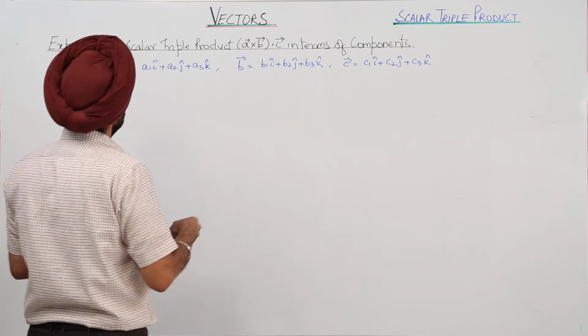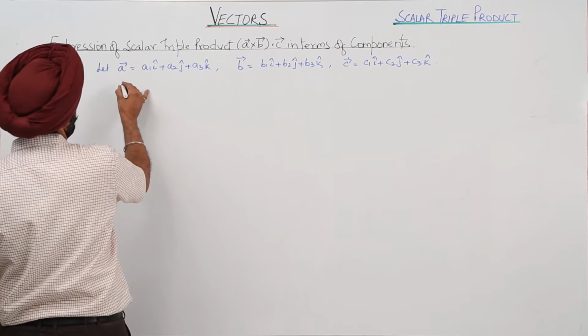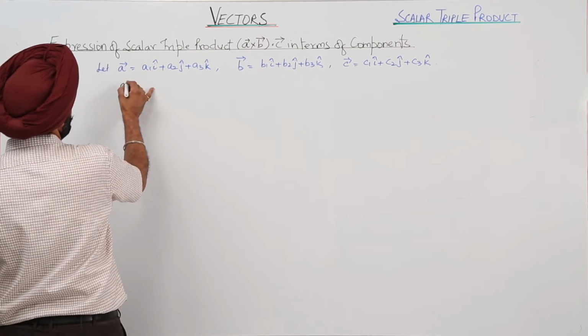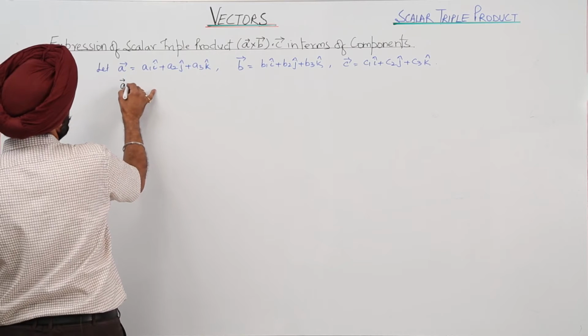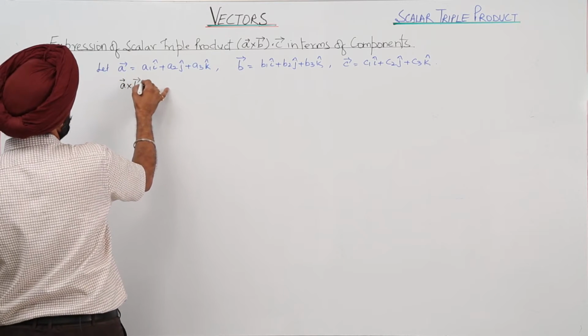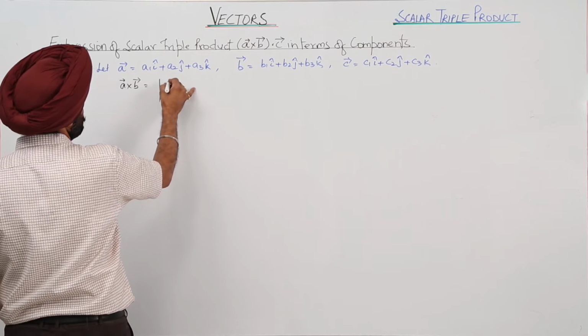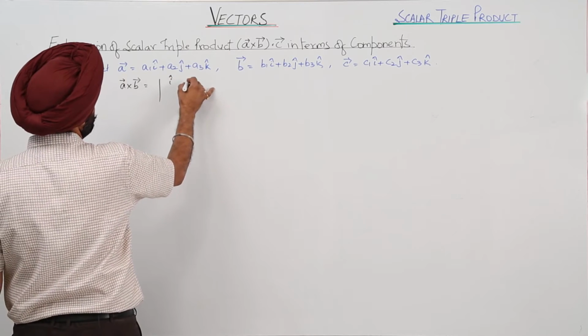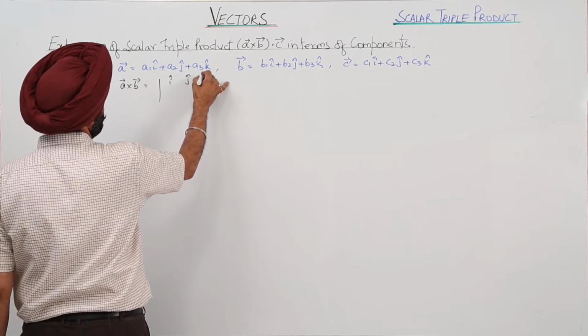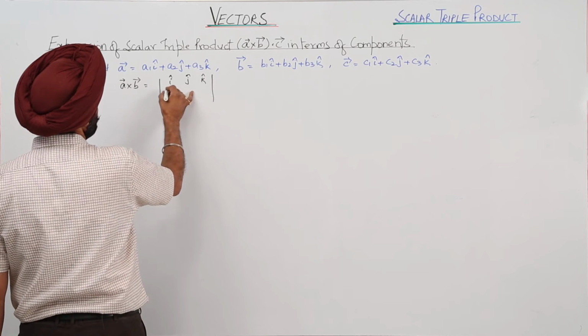Now we are having vector A cross vector B. This is equal to the determinant of i cap, j cap, k cap, A1, A2, A3, B1, B2, B3. We have already done this part, okay?